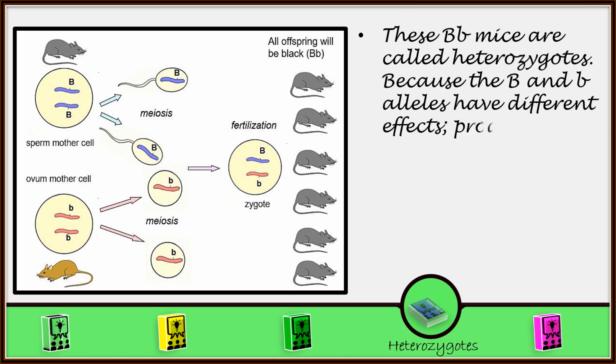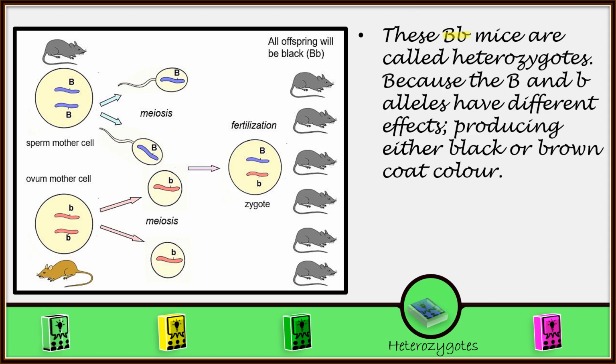The capital B, smaller b mice are called heterozygotes because the capital B and small b alleles have different effects, producing either black or brown coat color.